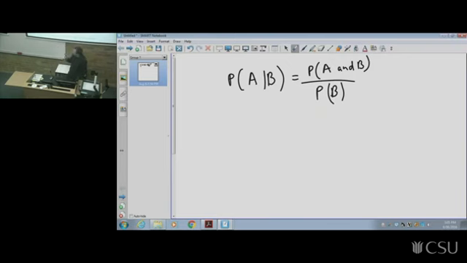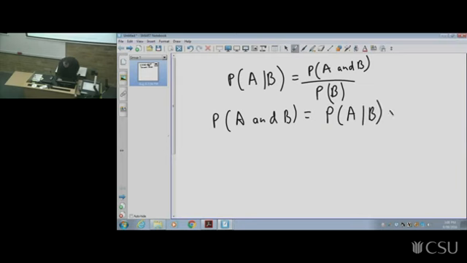So what you can do with this formula is rearrange it. Various different rearrangements give you various useful things. So one case is that the probability of A and B would be the product of the probability of A given B times the probability of B. Or actually, more likely to say it the other way around: the probability of B times the probability of A given B, since we read left to right.